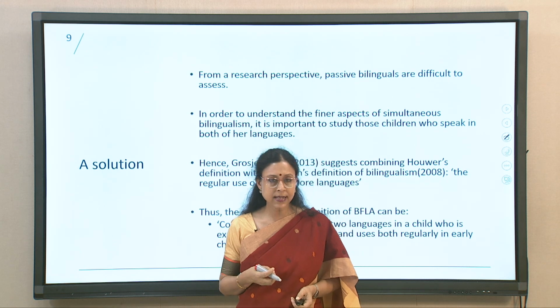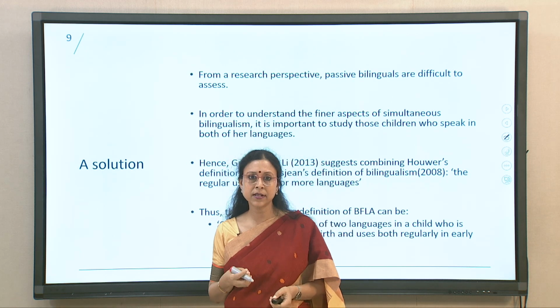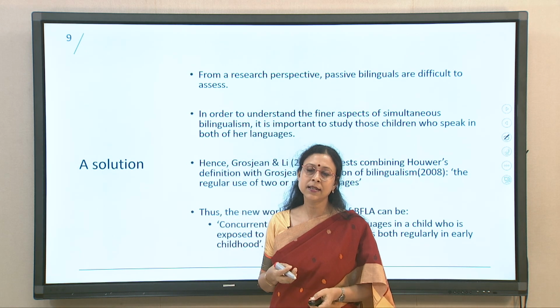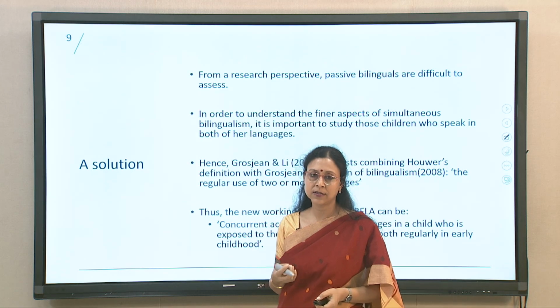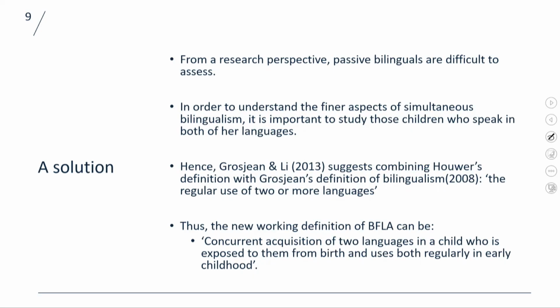So, in order to understand the finer aspects of simultaneous bilingualism, it is important to study only those children who speak both of their languages. So, there was an updating of the definition. Grosjean and Lee suggested a combination of Houwer's definition with Grosjean's definition of bilingualism, which was the regular use of 2 or more languages.